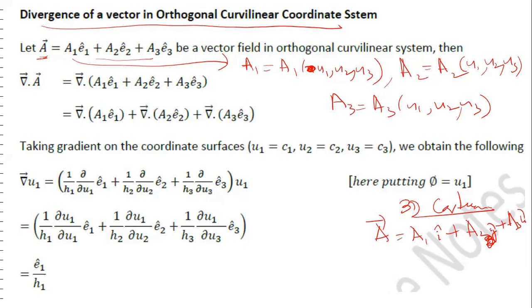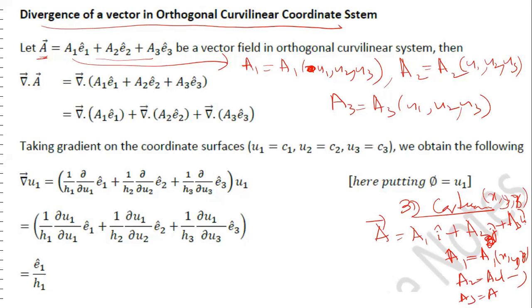So i, j, and k are the unit vectors in 3D Cartesian system, and the coordinate variables are x, y, and z. In the most general case, A1 is a function of x, y, and z, and similarly A2 and A3 are also functions of x, y, and z.